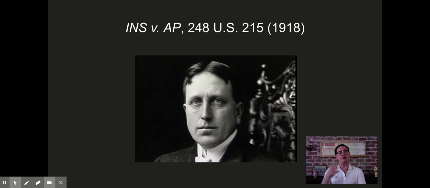So one of the really interesting things about this case is the way in which we can see either party to the case as arguably behaving improperly, depending on how you frame the relationship between the two and depending on how you frame the nature of the market in question. In other words, is it unfair competition for the INS to be lifting news from the Associated Press without putting in the labor? I mean, is the INS engaging in unfair competition by way of free riding?